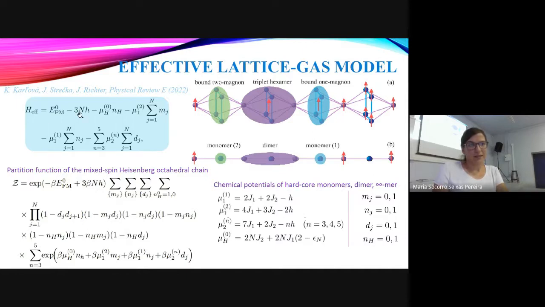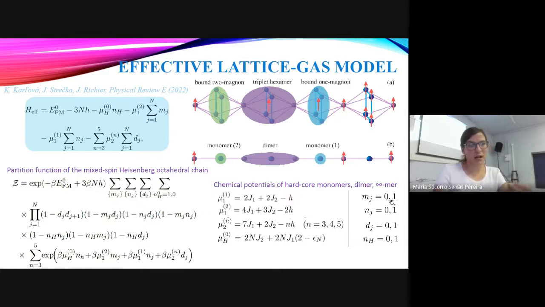Then the effective Hamiltonian was created as follows: from the fully polarized ferromagnetic state, we subtracted the energies of these kinds of particles, which are given by chemical potentials, defined as the difference between their own energy and the energy of the fully polarized state, and the presence or absence of these particles is given by the occupation numbers.